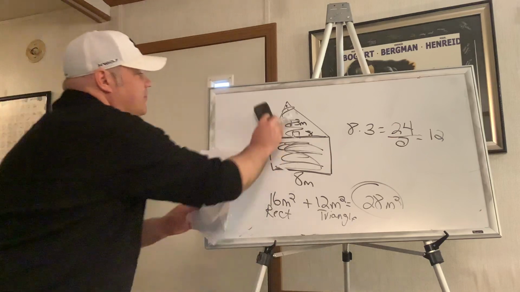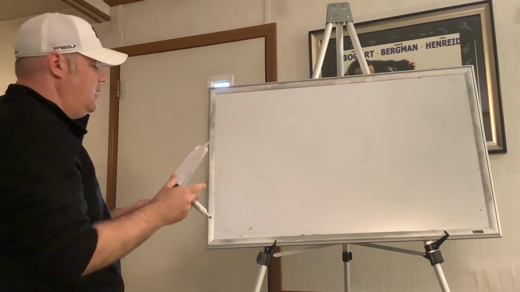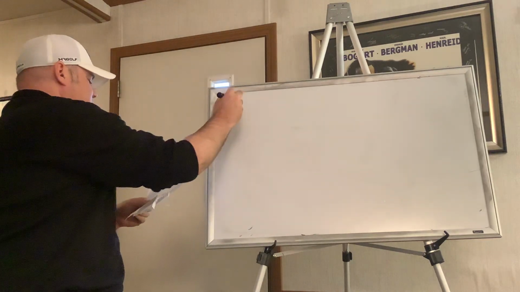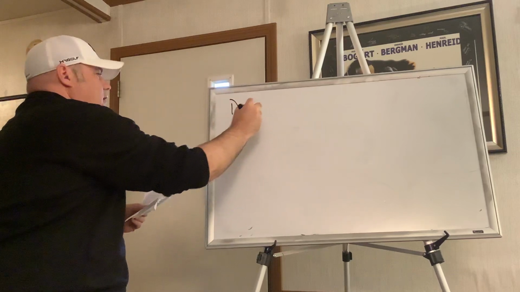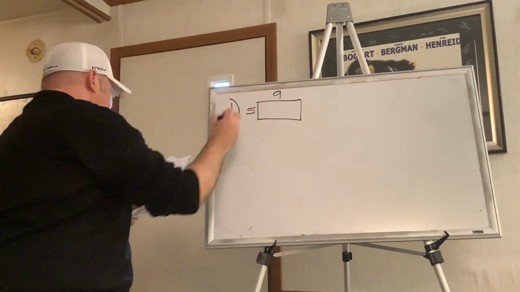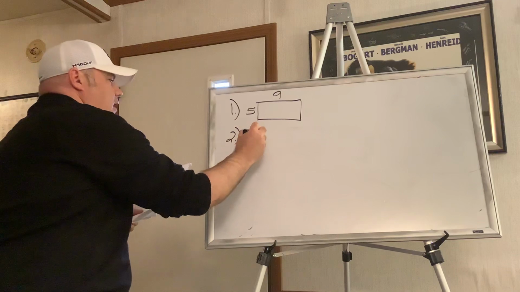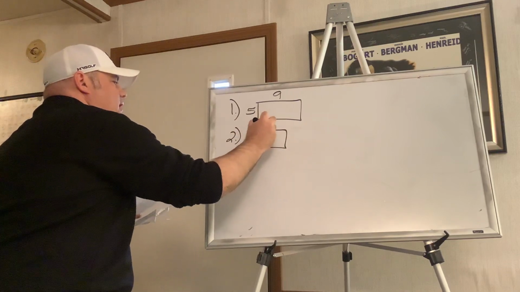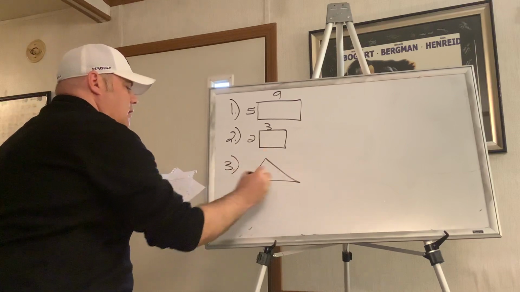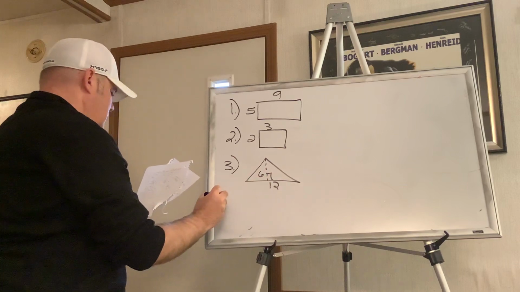Let me put an assignment up there. This last day's Thursday's assignment, or, if you're watching this later, it doesn't have to be Thursday, but this is going to be the assignment for this one. So I want you to find the areas of these shapes. This is a rectangle, 5 and 9. Here's another, 1, 2, and 3. Then I've got a triangle here that is 6 and 12.